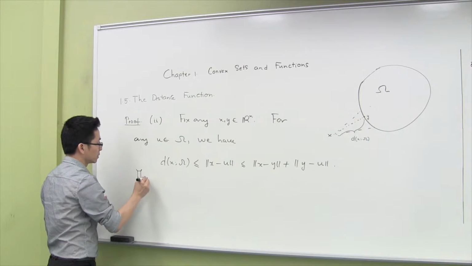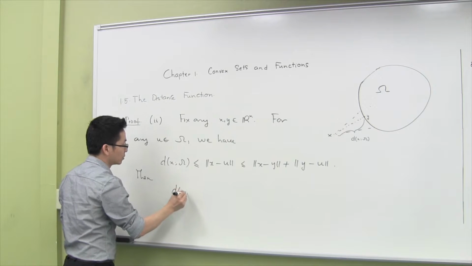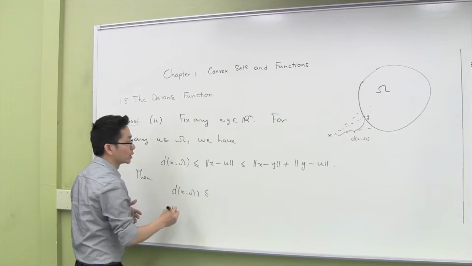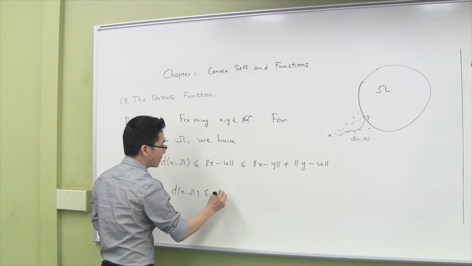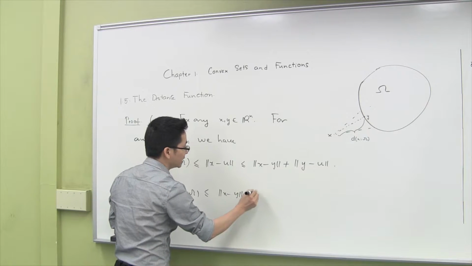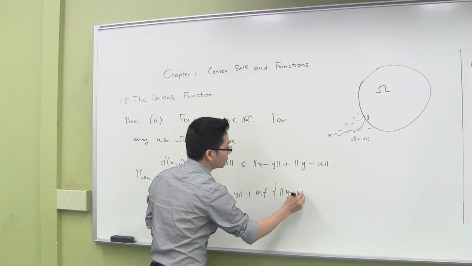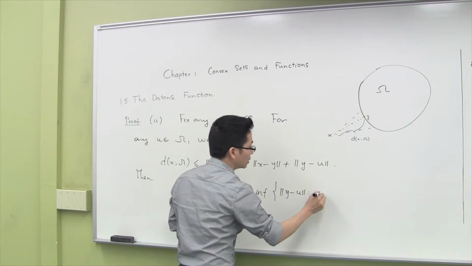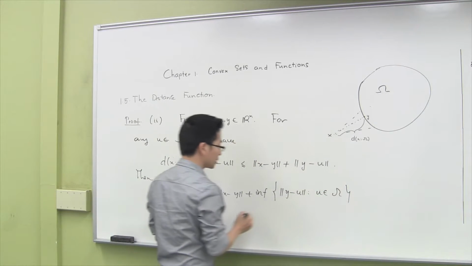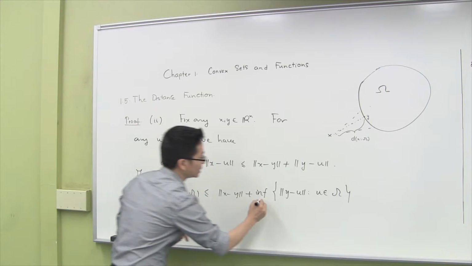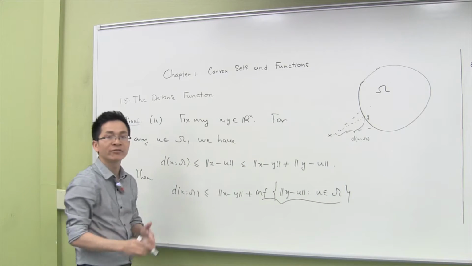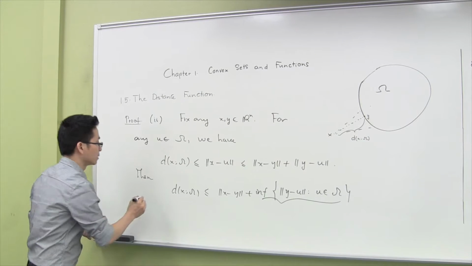Then the distance from x to omega is less than or equal to the Euclidean norm of x minus y plus the infimum of norm of y minus u, where u runs in omega. Okay? And by the definition, this is exactly the distance from y to omega.